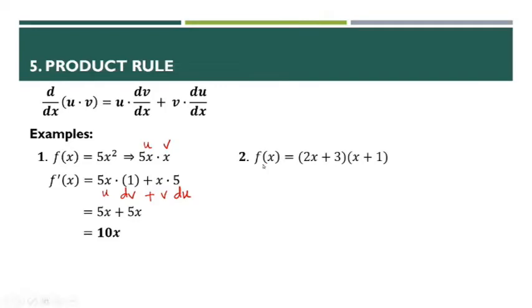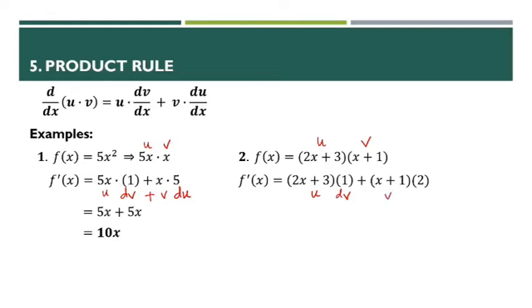Number 2, if the function is equal to the product of 2x plus 3 and x plus 1. So, set natin, this is your u and this is your v. So, we have f prime of x, or the derivative of f, is given by u times dv, which is the derivative of x plus 1. So, derivative ng 1 is 0, so derivative of x is only 1.